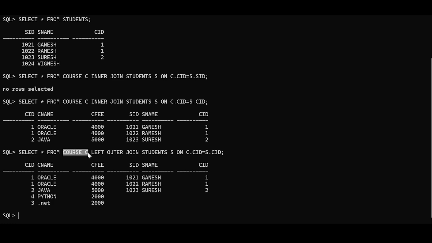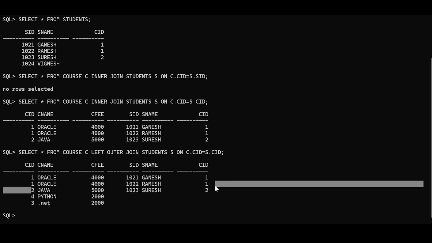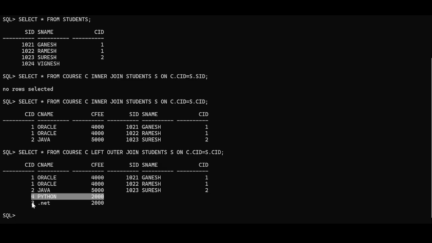I have taken the course table on the left side of the join key, and the students table on the right side. Left outer join says include the matching records and the unmatching records.